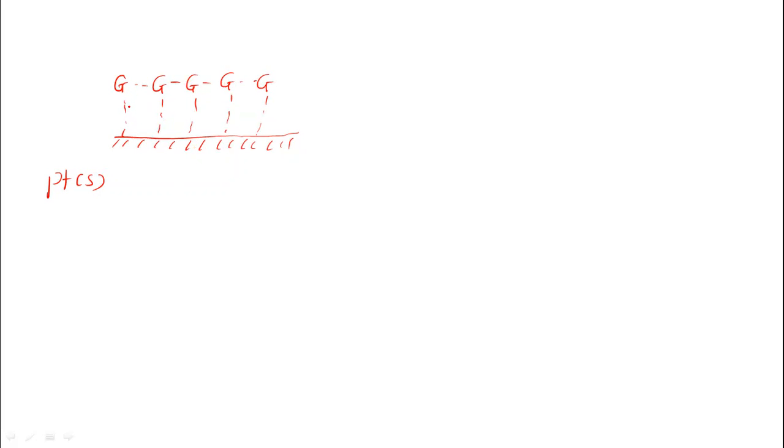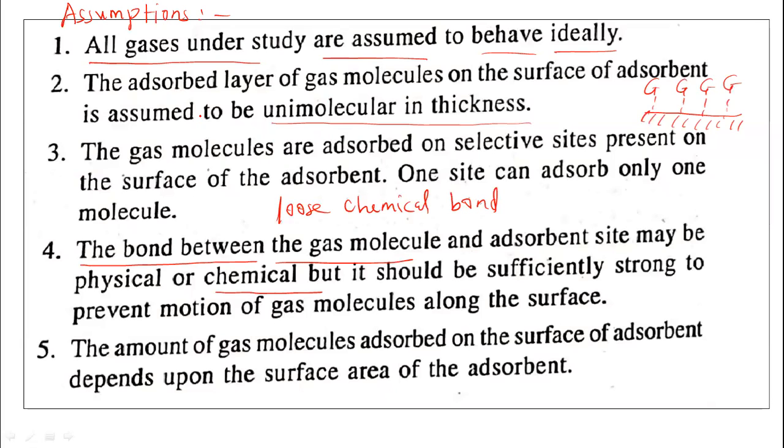Whatever surface area of the adsorbent is covered is called theta. Theta is the surface area covered by the gaseous molecules. So the amount of gas molecule adsorbed on the surface of the adsorbent depends upon the surface area of the adsorbent.